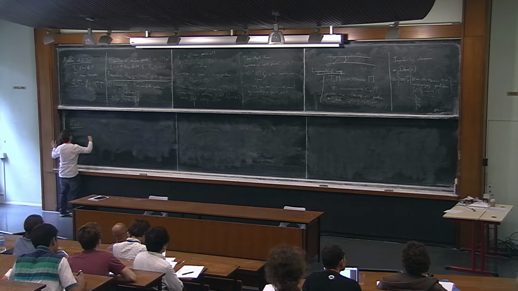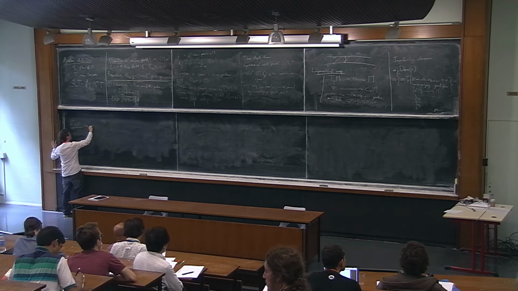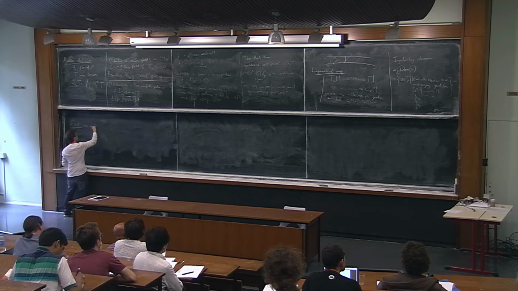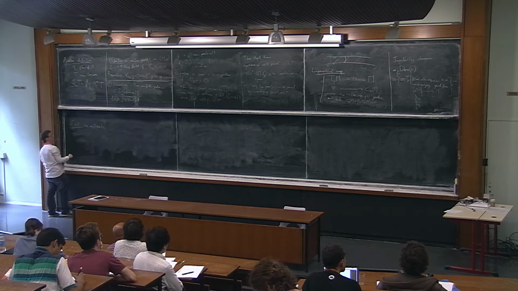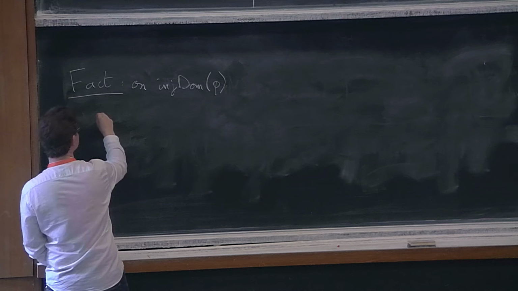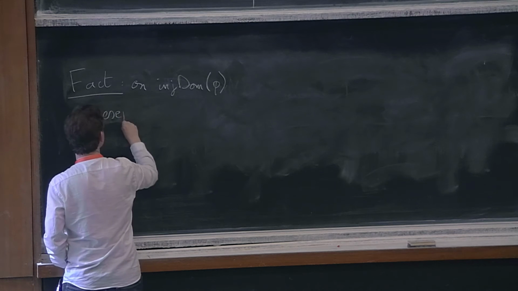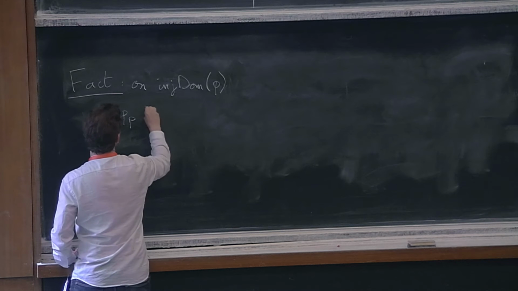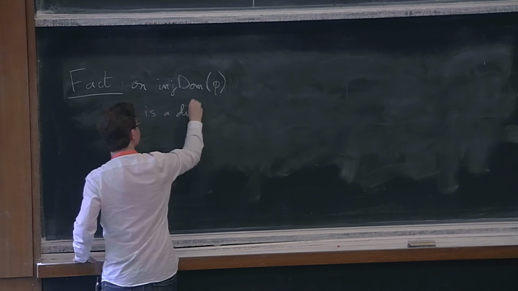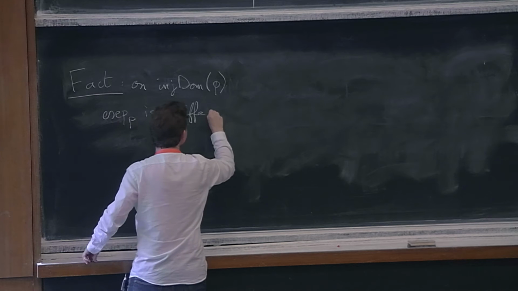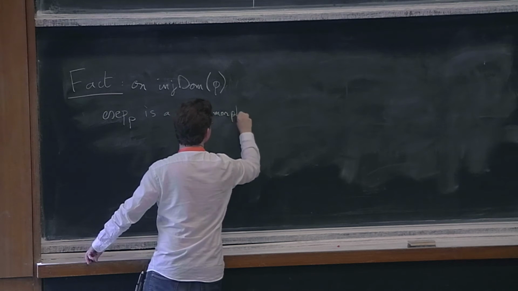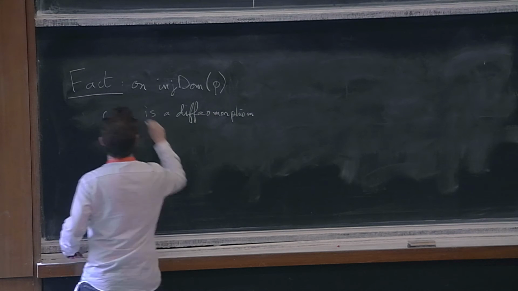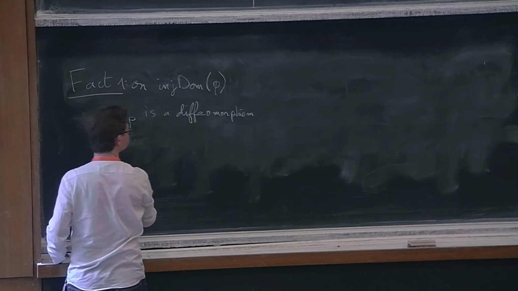So, the injectivity domain of P. So exp_P is a diffeomorphism onto its image. So that's fact 1, let's say.